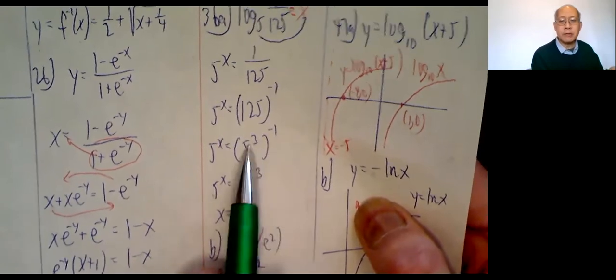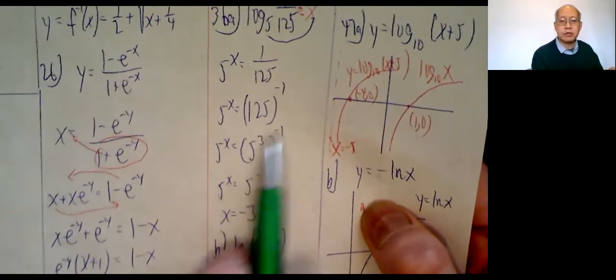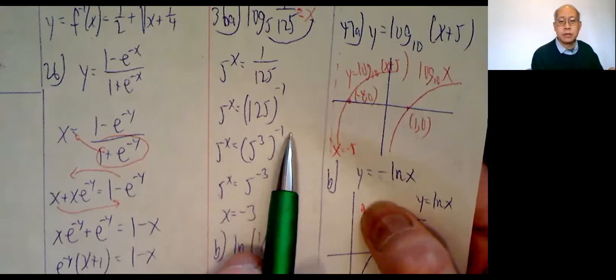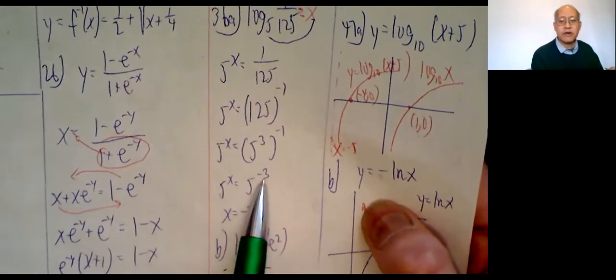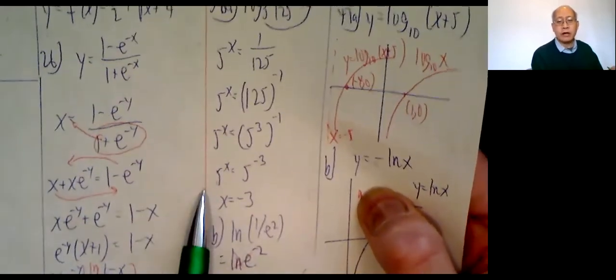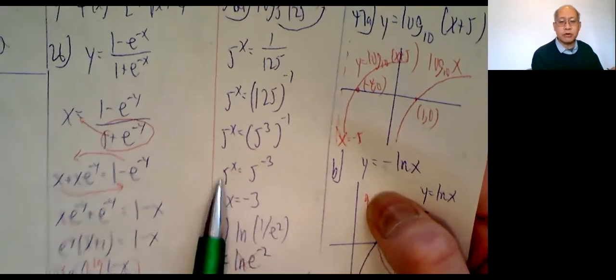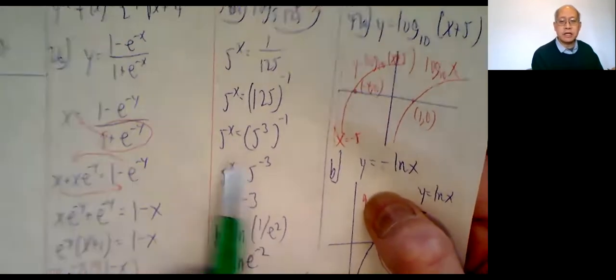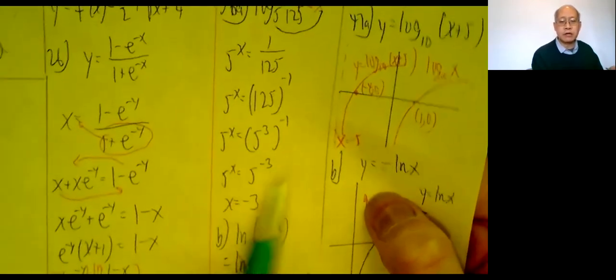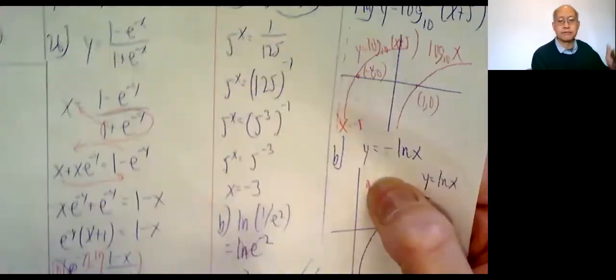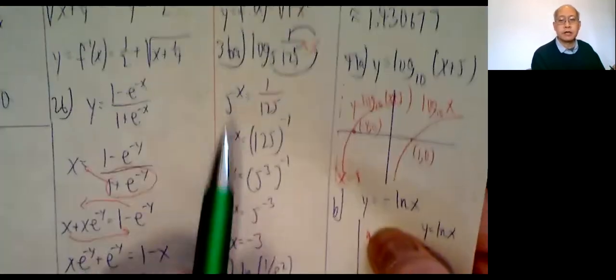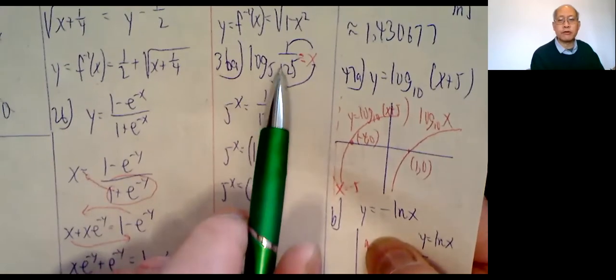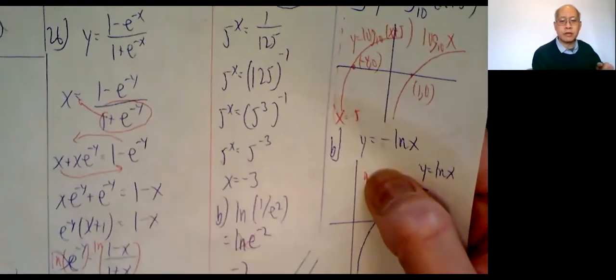And now I have a property of exponents that says I can just multiply these two. So 5 to the x equals 5 to the negative 3, and this is what I want. Once I get an equation like this, where this base matches this base, then these exponents floating up here have to be equal. So x is just equal to negative 3. So in other words, log base 5 of 1 over 125 is equal to negative 3.